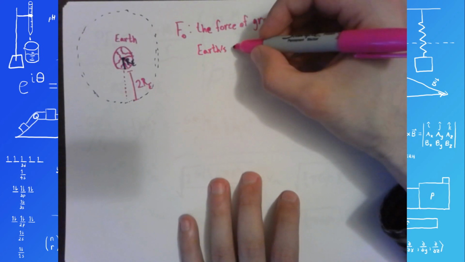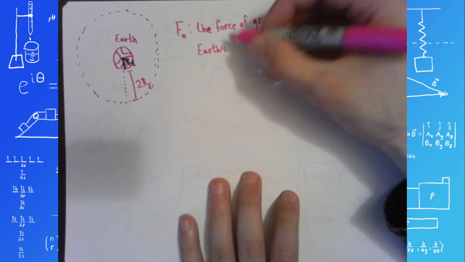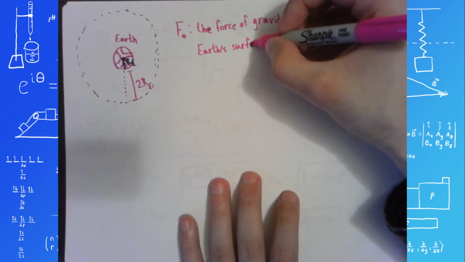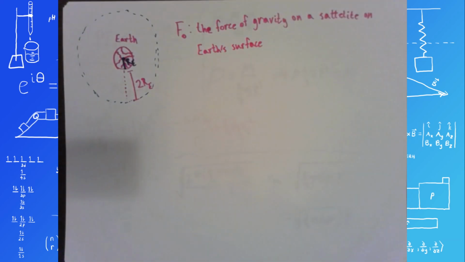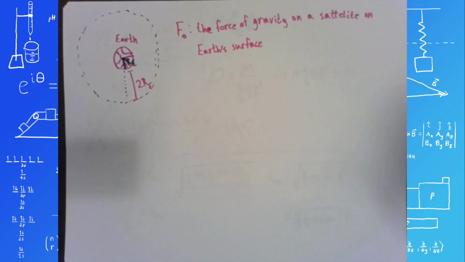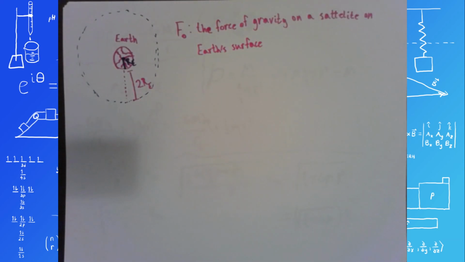Whatever the mass of the satellite is, we're not going to worry about it. We're just going to say that it's the same satellite for all the examples that I'm going to discuss. For all the cases, it's the same satellite with the same mass, but we're asking what force will act on it at different positions around different planets. So first off, when the satellite is on the surface of Earth, before we launch it, it's going to experience a force of gravity F0.